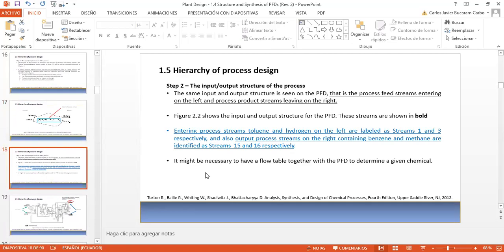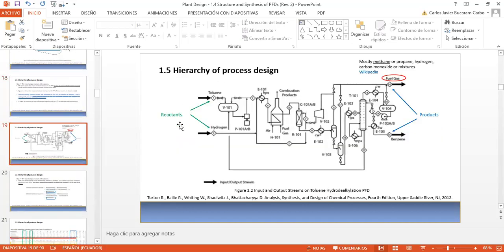We also had some details, meaning toluene and hydrogen, from the same example of the toluene hydrodealkylation process. The reactants were coming from the left, streams 1 and 3, and the output streams were leaving the process on the right. That's what we saw here, the reactants coming on the left and the products leaving on the right.